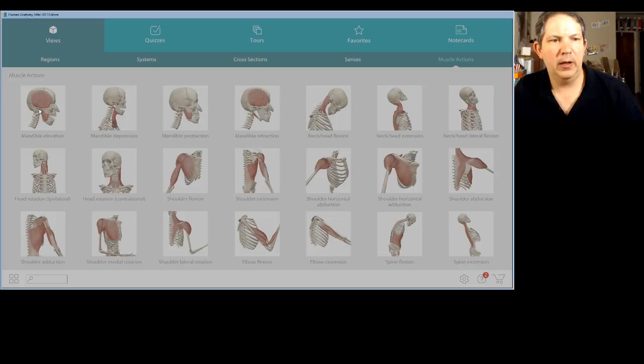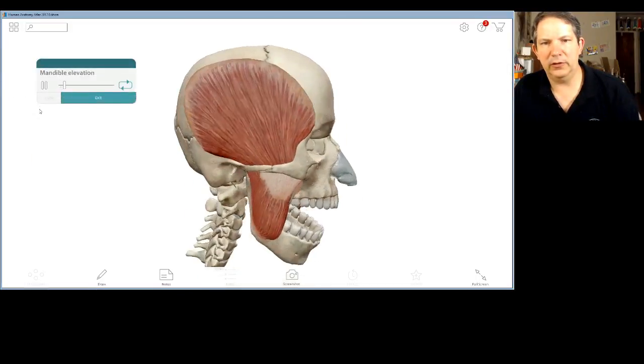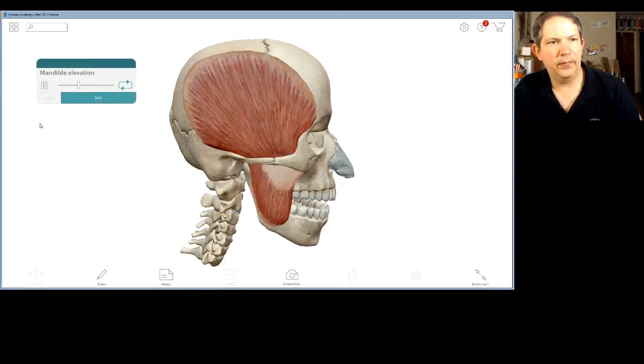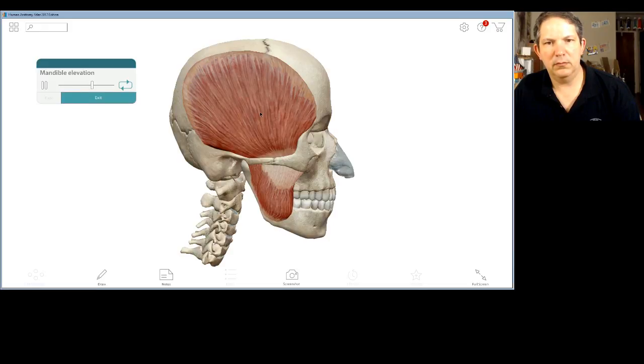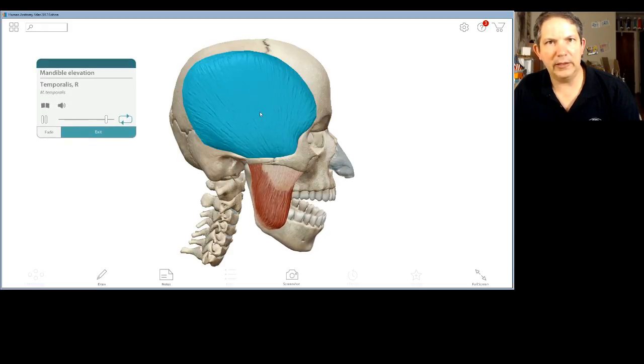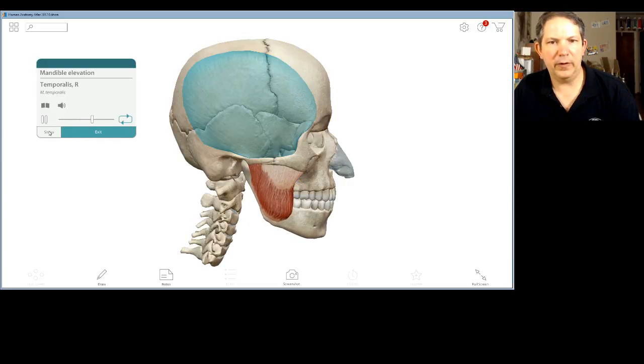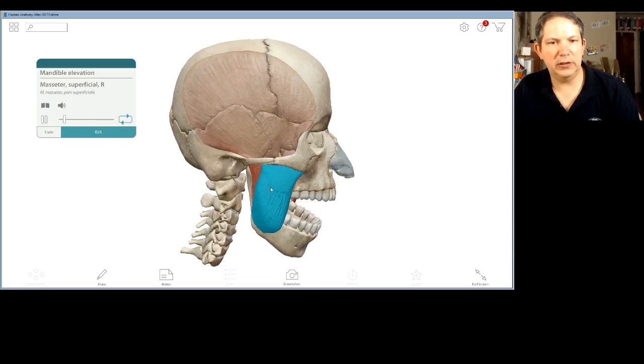I wanted to show that we also have a whole section on muscle actions, and this is pretty fun because it gives little animations, and while it's animating, you can say that's the temporalis muscle, and we can fade it if we want. We can see here's our masseter muscle.